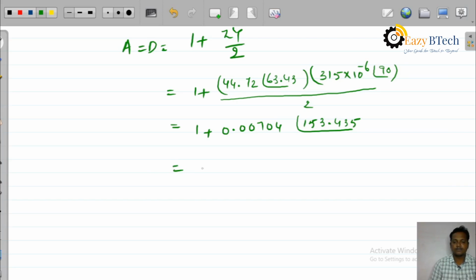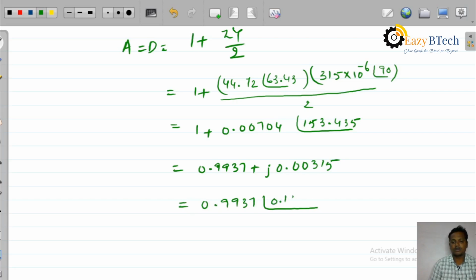In rectangular form, we will get 0.9937 plus j0.00315. In polar form, the value is 0.9937 at an angle 0.1816. Those are the values for A and D for this case.